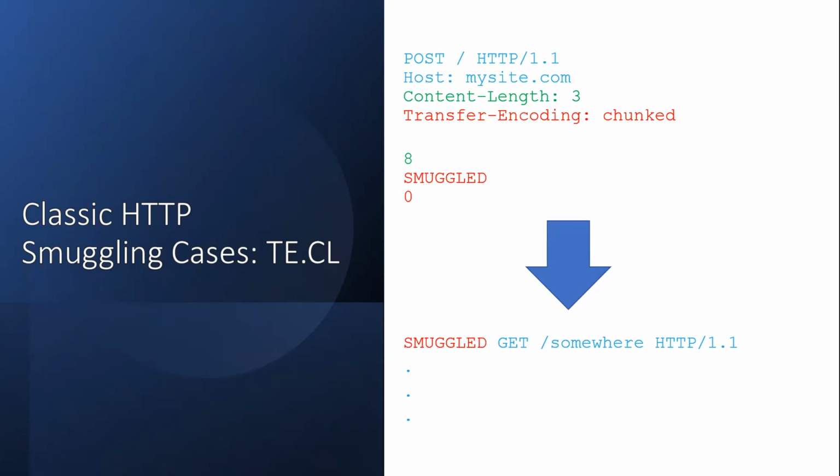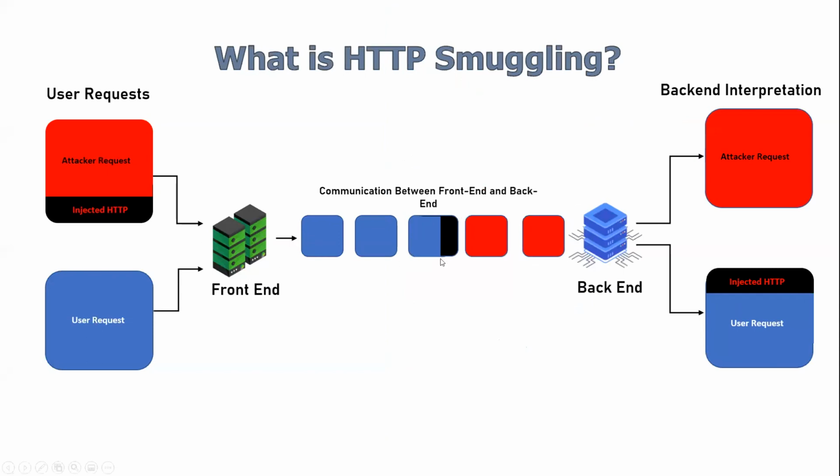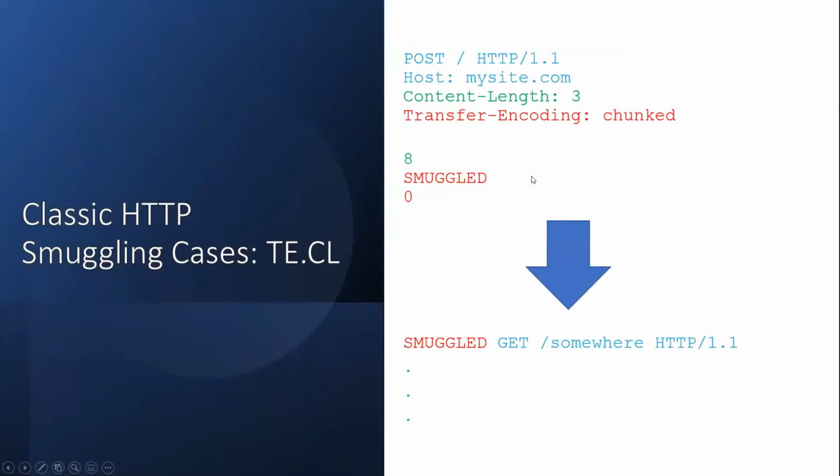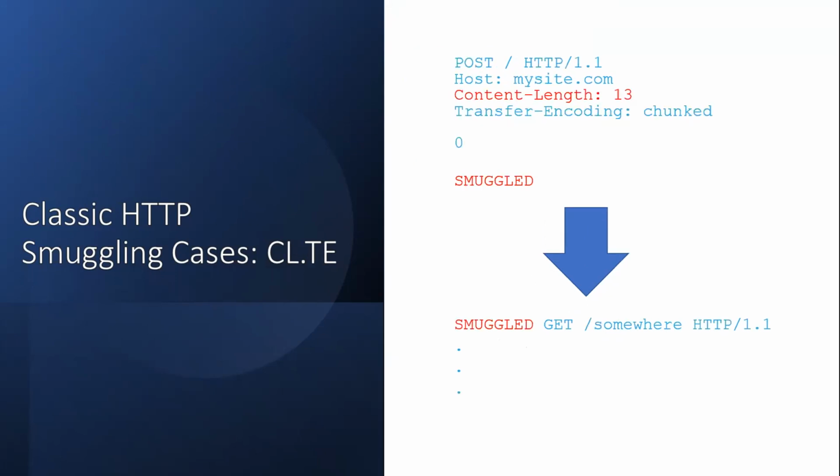So once an attacker sends such a request, the next request of anyone that will come in line, because there's a socket between front-end and back-end, and all the requests are in line, this smuggled text gets prefixed to the next user's request. So the next guy after me gets his request looking like this. Now, if this is the request the server gets, it will just return a garbled error, like what is smuggled get? This is not HTTP protocol, right? But we will get there.